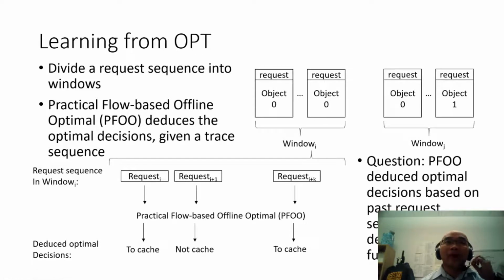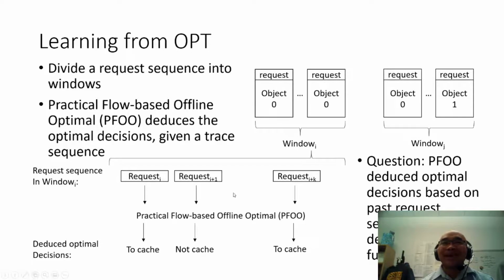Then we use a technique called practical flow-based offline optimal, in short PFO, to deduce the optimal decision given a certain trace sequence. Here is a request sequence in a window, and we provide it into PFO, and PFO tells us the optimal decision that will lead to the highest object hit ratio.